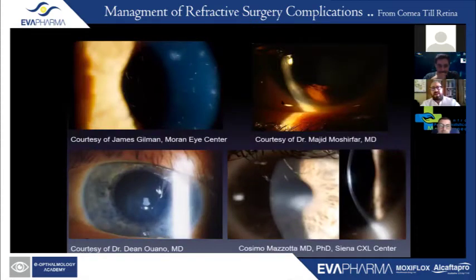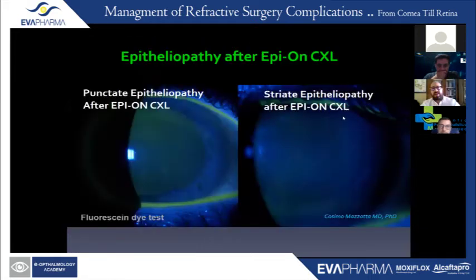We may have folds of Descemet's membrane, corneal edema, and AIDS. I show that also in Epi-on, we may have punctate epitheliopathy or striate epitheliopathy that generally regain normality after bandage contact lens and lubricants.